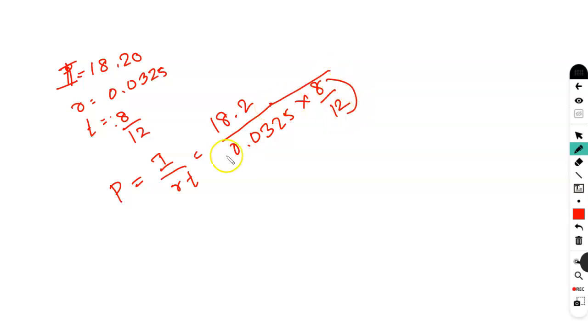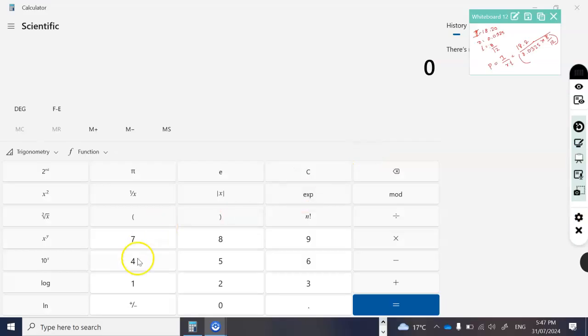While calculating, make sure you are calculating the whole denominator together. So I write 18.2 divided by, and in a bracket for the whole denominator, 0.0325 times 8 over 12.